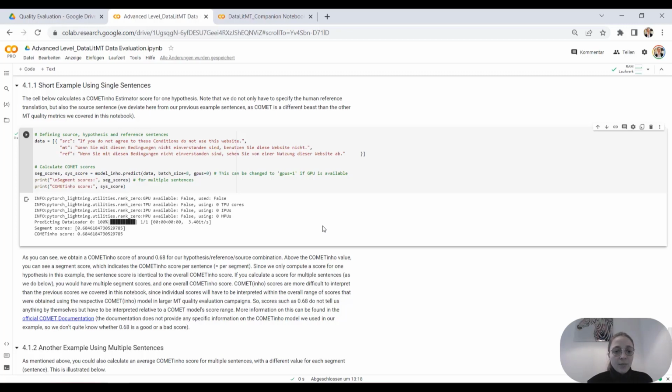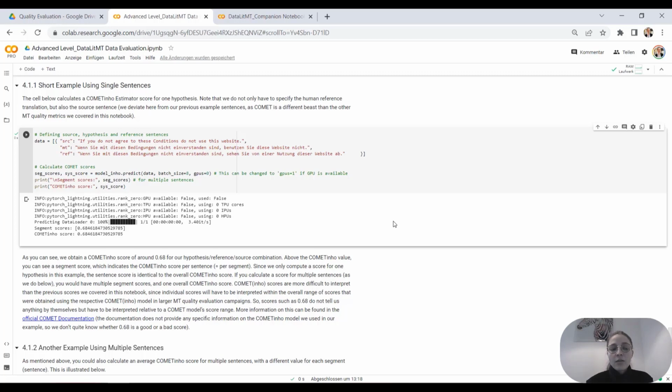And the thing with COMET, in comparison to BERTScore or other metrics, where there's a clear line and a clear comparison as to what is considered a good and what is considered a bad score, is that this does not really exist for COMET. So it is always best to compare different hypotheses or different calculations of COMET to see which is the better hypothesis, which is the better machine translation in comparison to other machine translations that we've had.